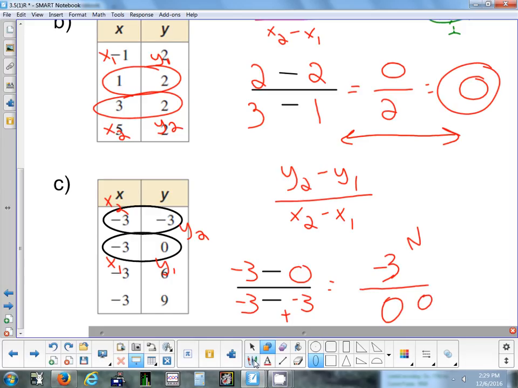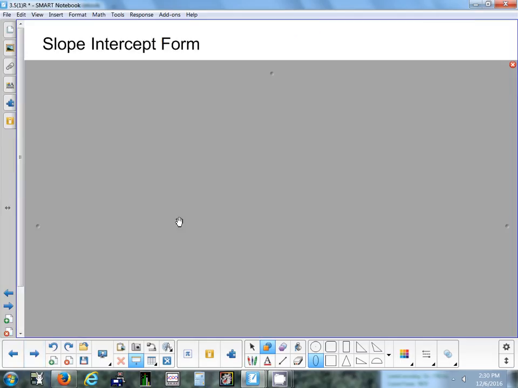Number on the top, 0 on the bottom, that's undefined. All right? So, slope-intercept form.